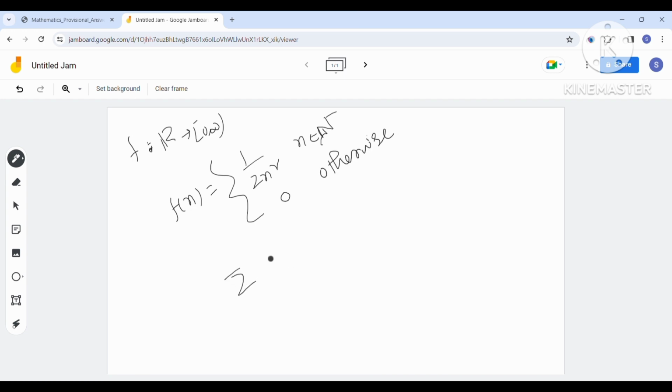Then you can see that the summation of 1 by 2n square is pi square by 12, which is less than 1. Hence the summation of f(x) over x belonging to E is less than 1 for all E subset of R.